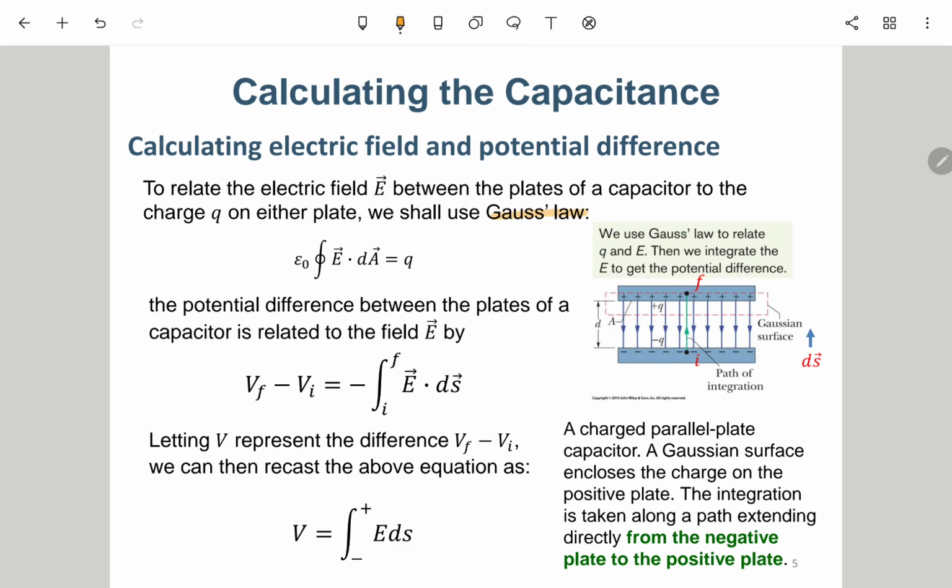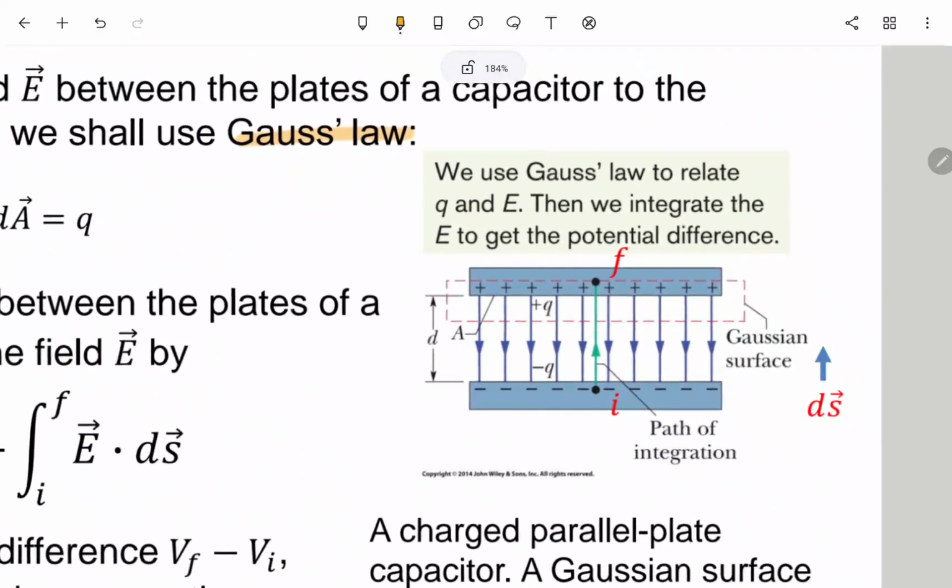So here we use Gauss's law to relate Q and E. Then we integrate the E to get the potential difference. Okay, so the idea is like this.